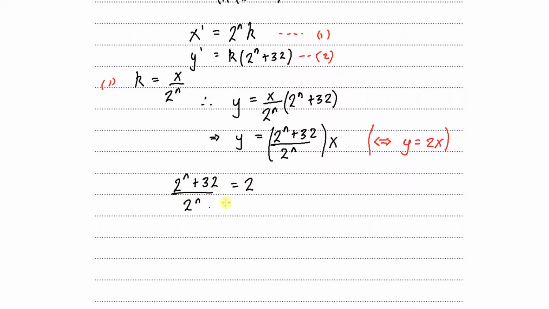So multiplying both sides by 2 to the power of n, we get 2 to the power of n plus 32 is equal to 2 times 2 to the power of n. And if we subtract 2 to the power of n from both sides, we are going to get 32 here, and here we get 2 to the power of n. 32 is 2 to the power of 5, and that's equal to 2 to the power of n, and therefore we can conclude that n comes out as 5. So this here is the answer right here.